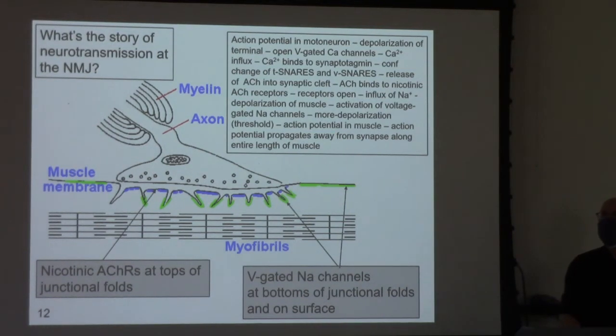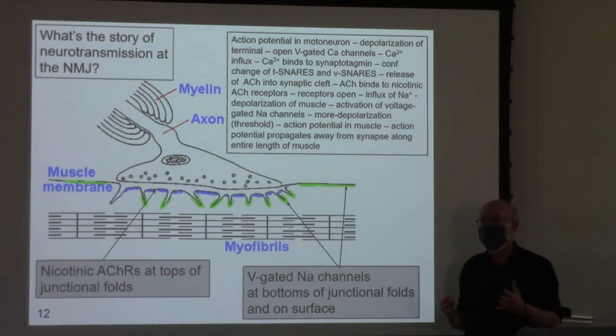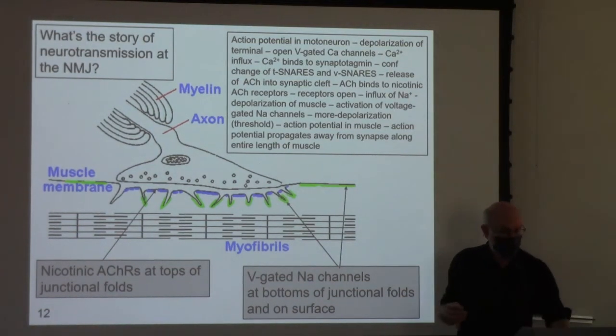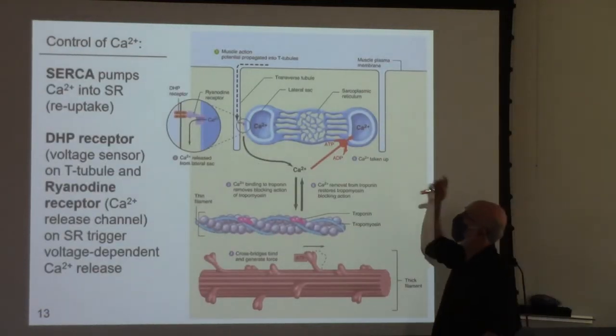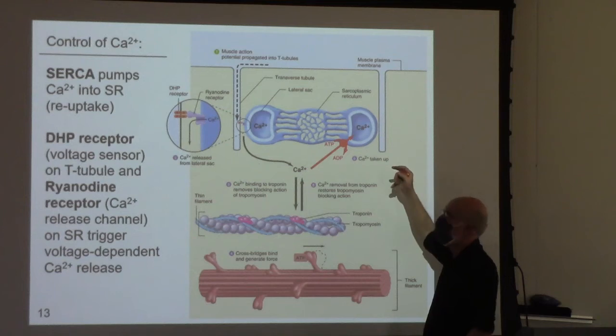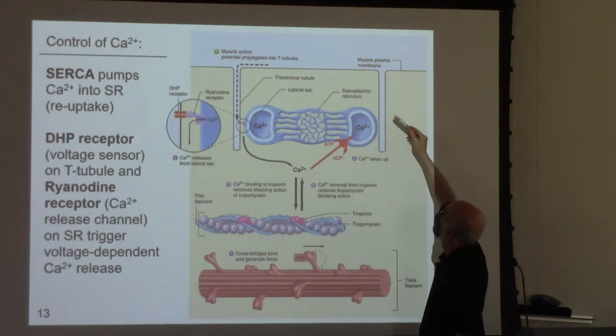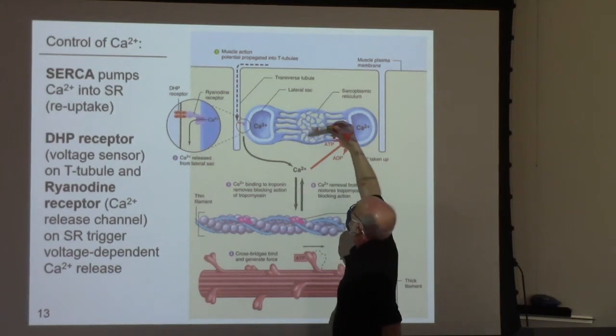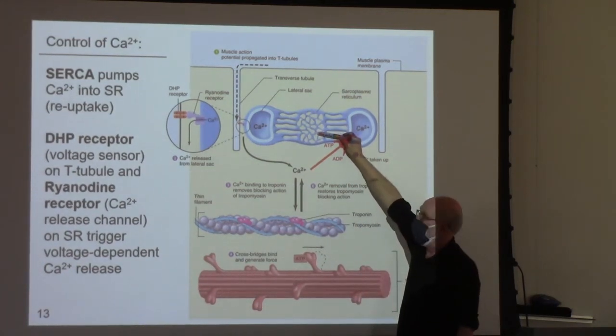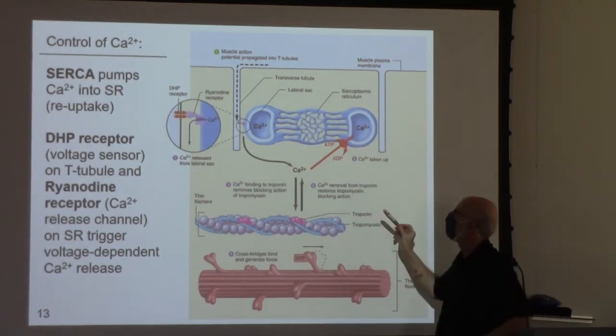Now, we're going to talk about calcium handling in the muscle cell, because calcium is going to be the trigger for contraction. So here's a cartoon of a muscle cell. Surface membrane, sarcoplasmic reticulum, contractile machinery.